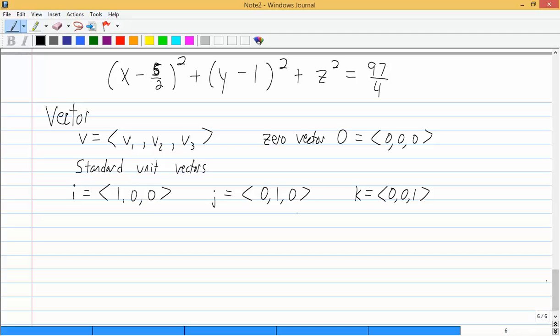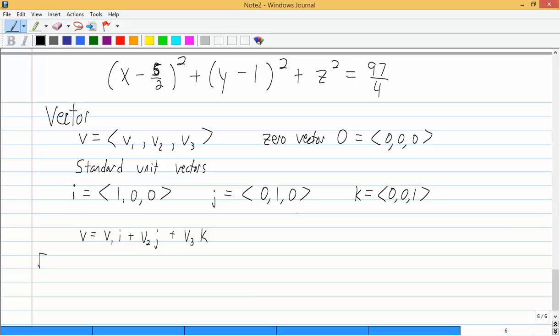So for any vector v, written as a linear combination of those three, the standard unit vector notation would be v sub 1 i plus v sub 2 j plus v sub 3 k.